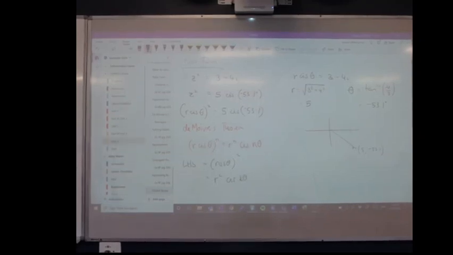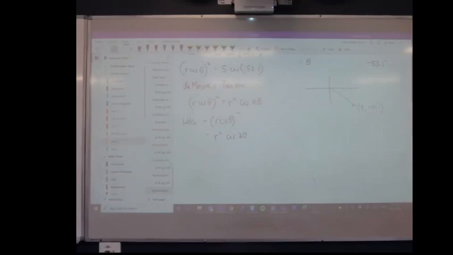Agree with that? That's De Moivre's theorem. So basically what we've got is r squared cis 2 theta has to equal 5 cis negative 53.1.